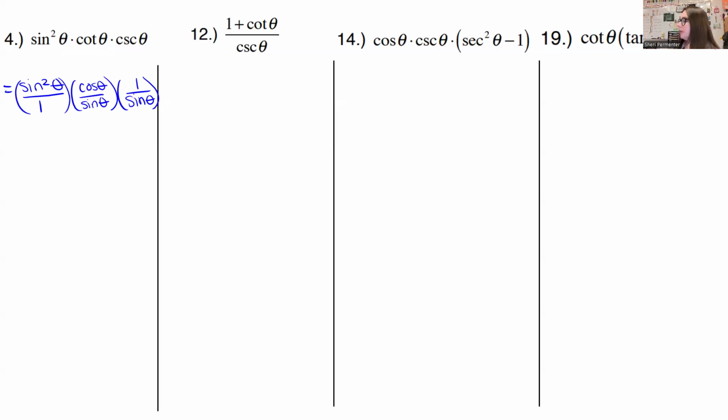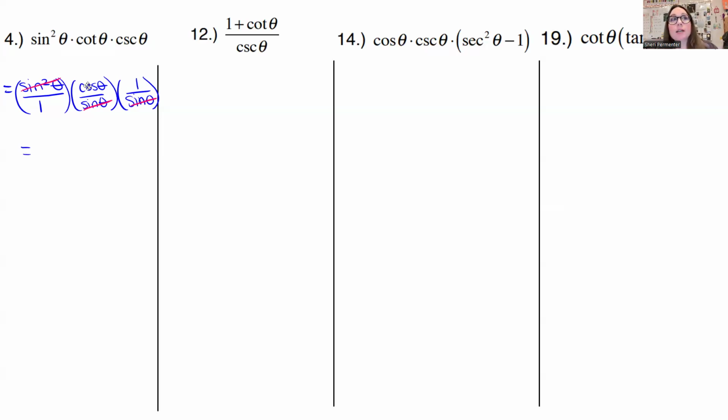Do you guys see some stuff that can cancel once you turn things into sine and cosine? Yeah, I've got 2 sines in the denominator and 2 sines in the numerator. They can all cancel. What are you left with? So all you do is multiply straight across.